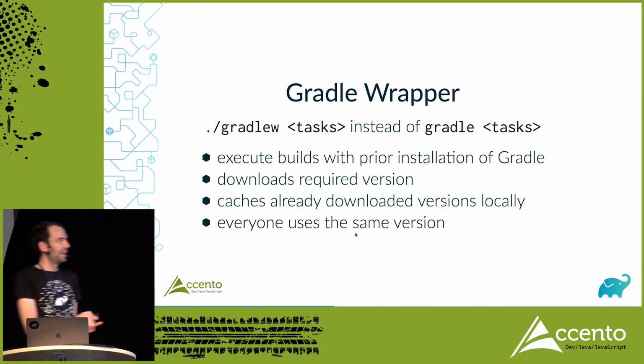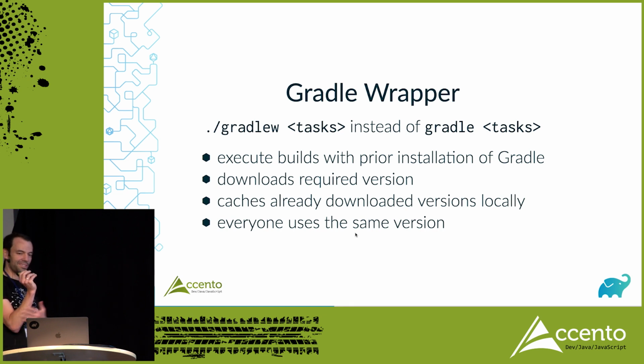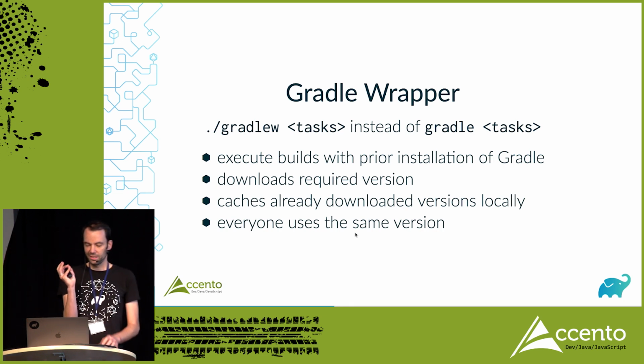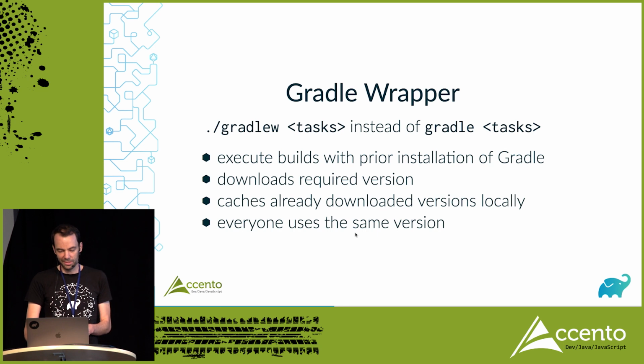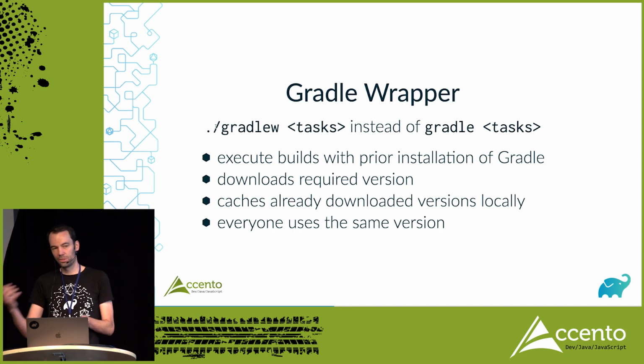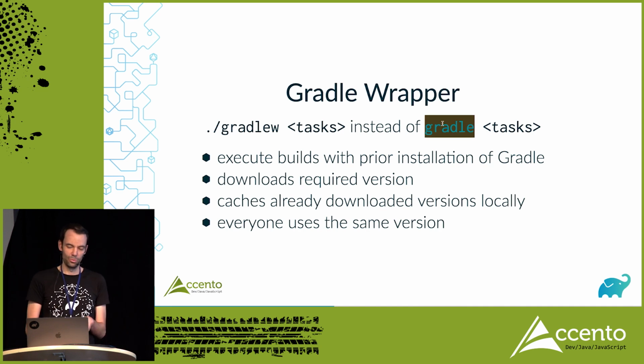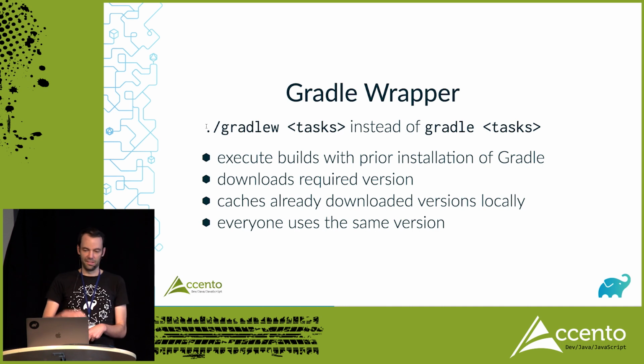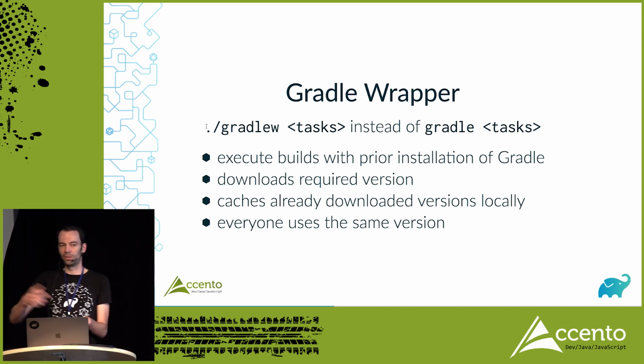All right. Another important piece to understand a typical Gradle project is the Gradle wrapper. The Gradle wrapper is basically a shell script that lives in your project. It's committed to source control. There's one for Windows, there's one for Unix. And instead of calling Gradle directly, which you would have to download before, put in some directory and add to your path, you can call the wrapper script, and it will look at its configuration and download the correct version of Gradle for your project for you.